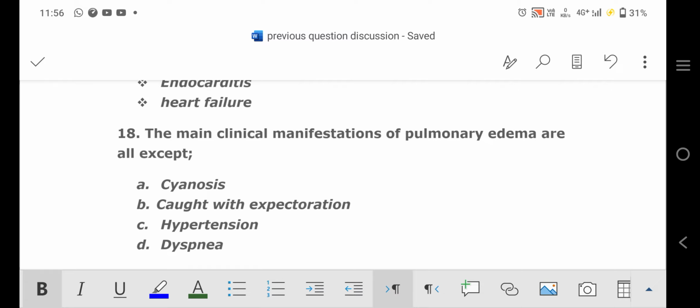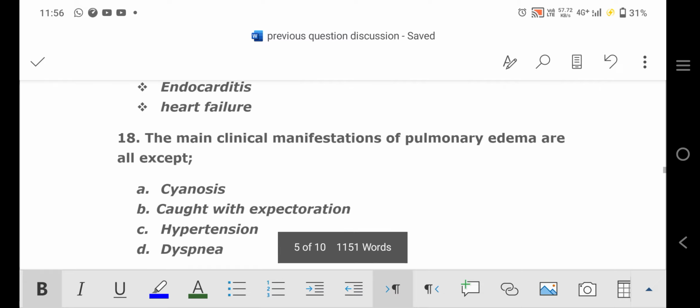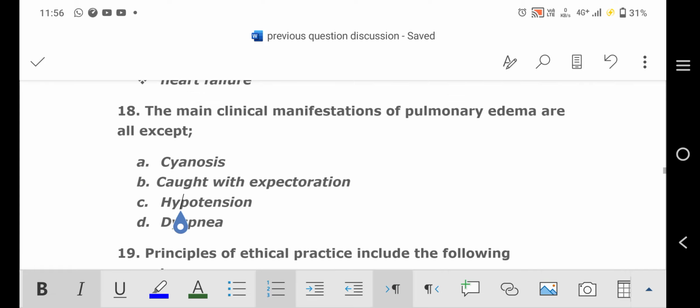The right answer is not hypertension, it is hypotension. The right answer is C, hypotension.